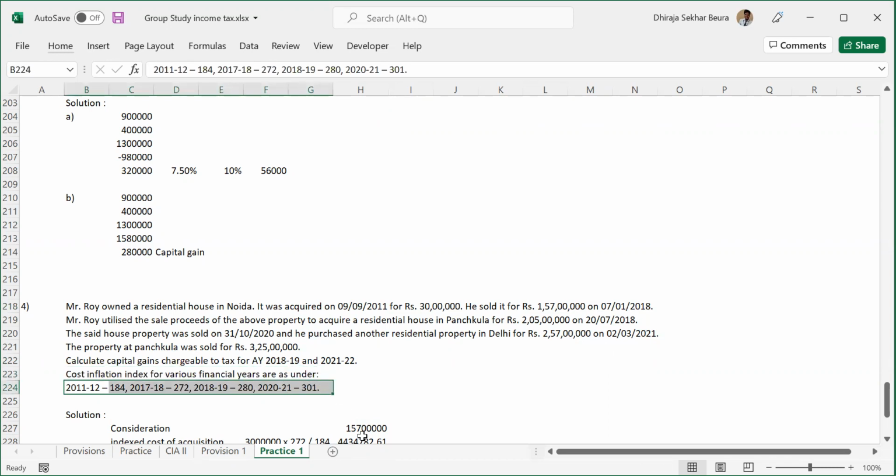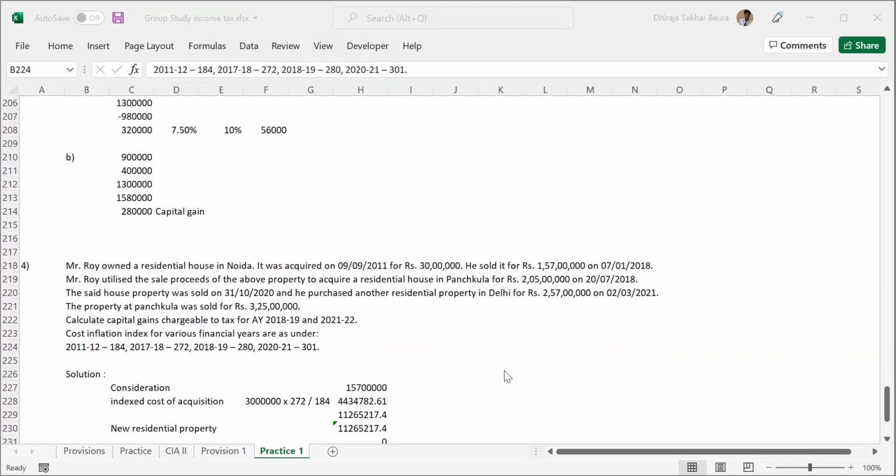Can somebody tell how much should we divide and how much should we multiply? We should multiply it by 272 and divide it by 184. Yes, that is absolutely correct. And that comes to 44 lakhs 34,782.